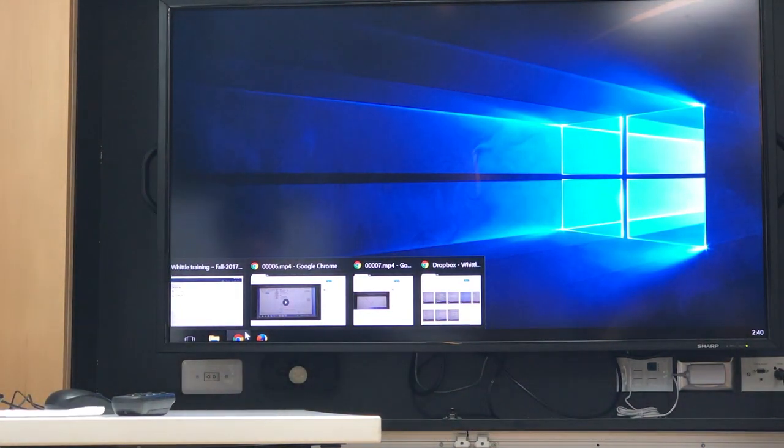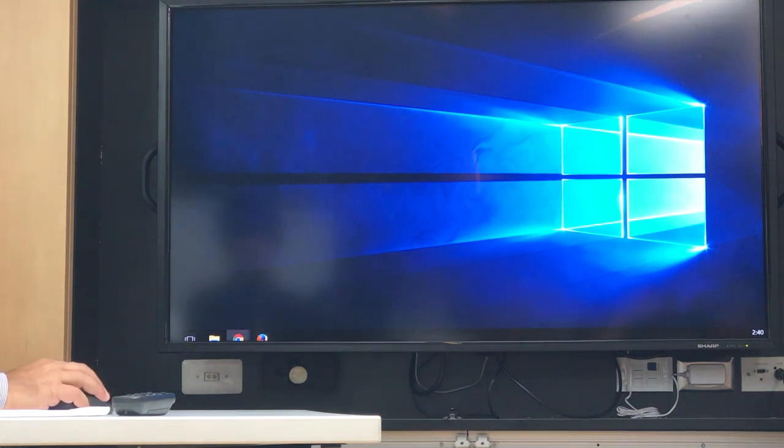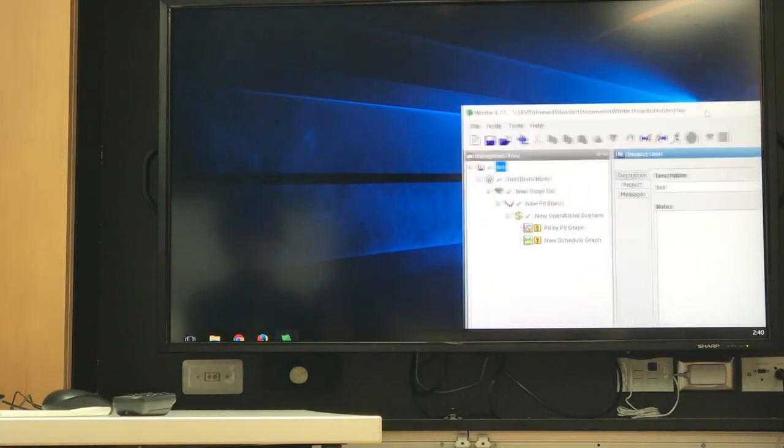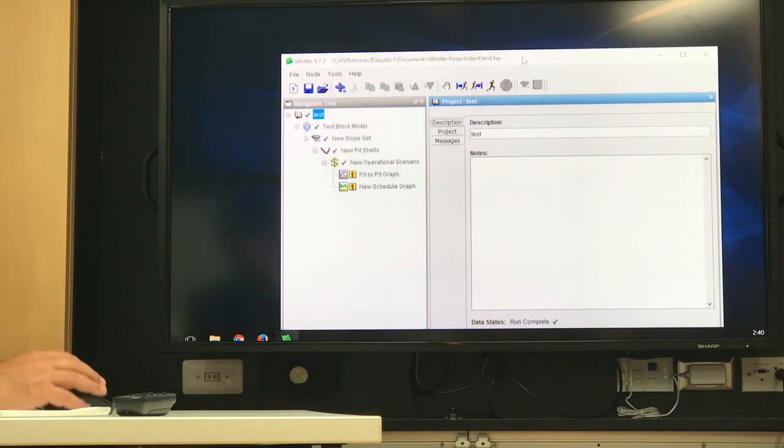The other thing I wanted to show you, so let's see if we can open the Whittle again.